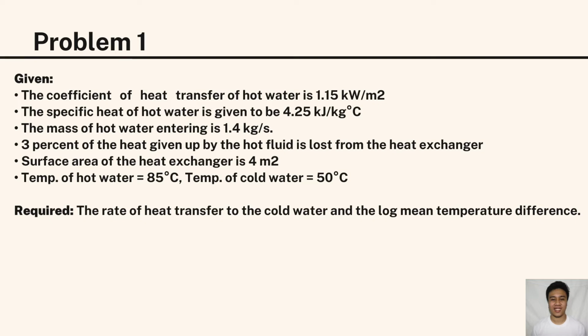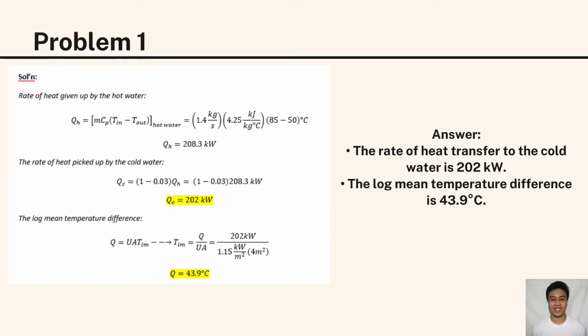So 3% of the heat given up by the hot fluid is lost from the heat exchanger. The surface area of the heat exchanger is 4 square meters, and the temperature of hot water is equal to 85 degrees Celsius, and the temperature of cold water is equal to 50 degrees Celsius. So required, the rate of heat transfer to the cold water and the log mean temperature difference. So next is the solutions.